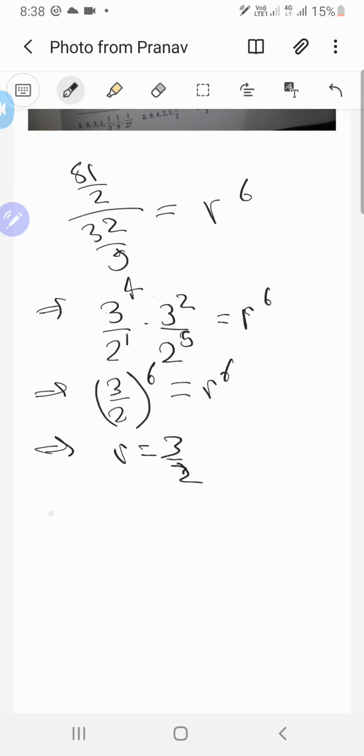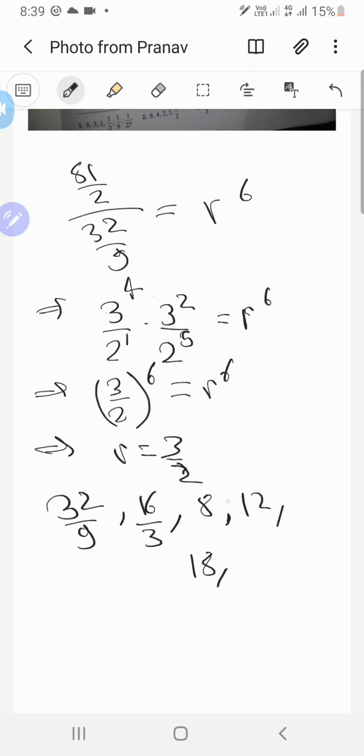So the sequence is going to look something like this: 32 by 9, you multiply it by 3 by 2, so here you get 16, here you get 3, so 16 by 3, then you will get 8, then, no wait, 4 into 3 is supposed to be 12, then you take 2 out of it, get 6, and then 6 into 3 is 18, and then you take another 2 out of it, so you get 9 into 3 is 27, and then it becomes 81 upon 2.